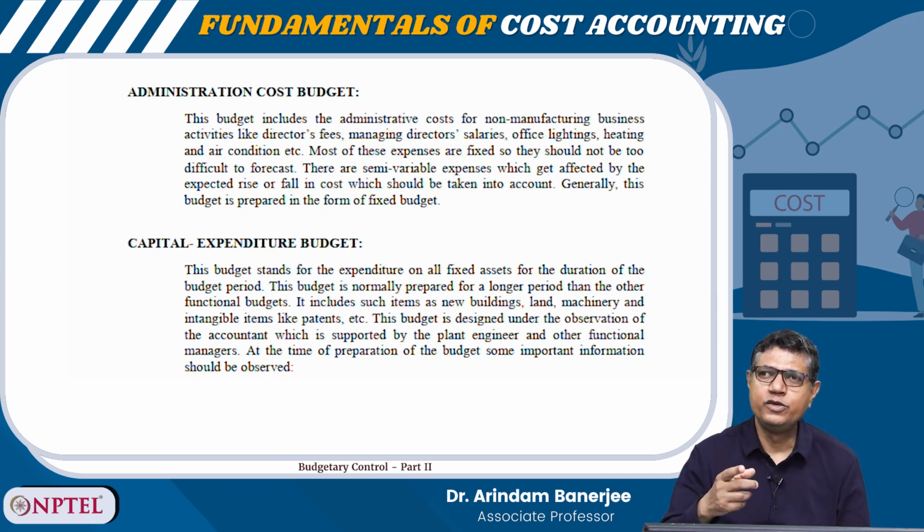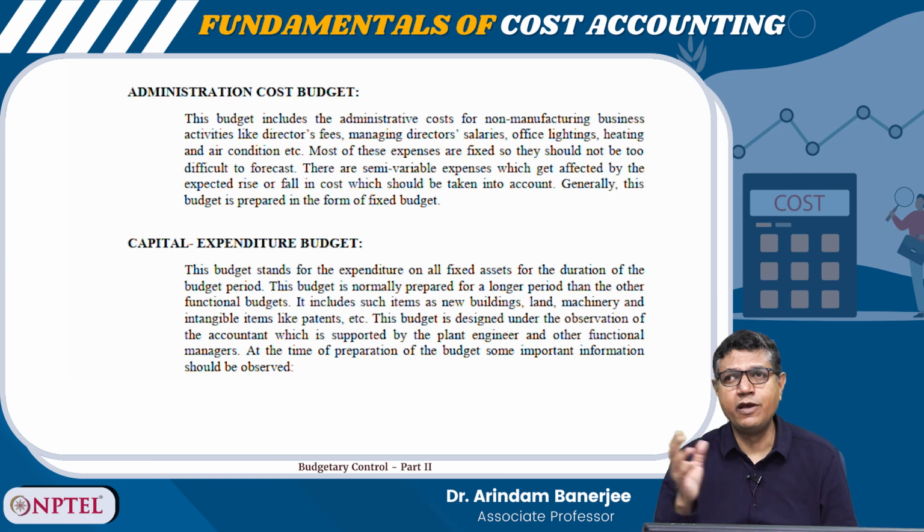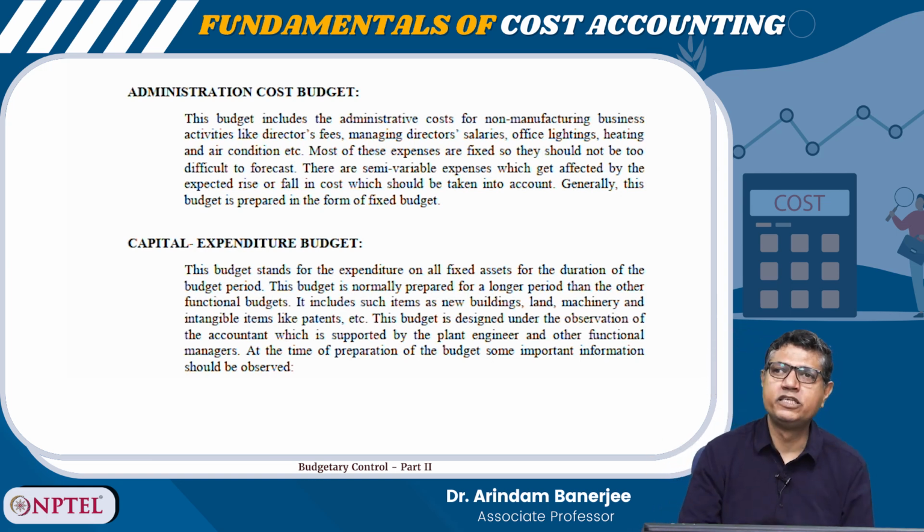One option is you increase your capacity or you outsource. If you want to increase your capacity, then you have to make some capital expenditure. You need to buy machines, build factory sheds, and you need space and land for that. If it is required, then you have to prepare one budget which is called the capital expenditure budget.